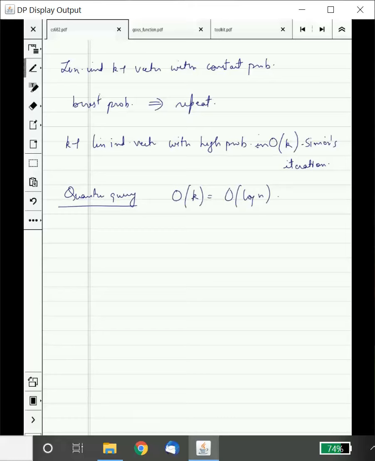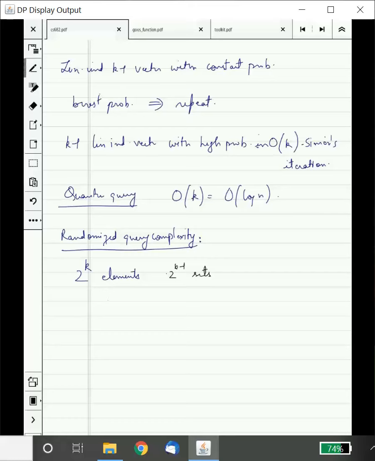What about randomized query complexity for Simon's problem? It turns out that that is not hard. You have 2 to the power k different elements. They can be paired into 2 to the power k minus 1 sets.